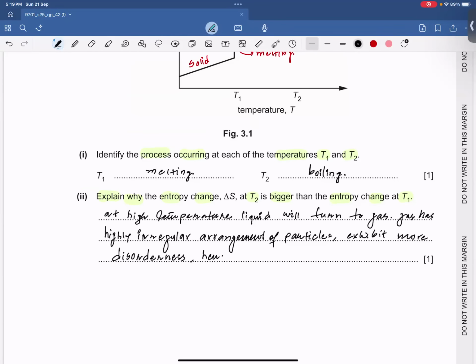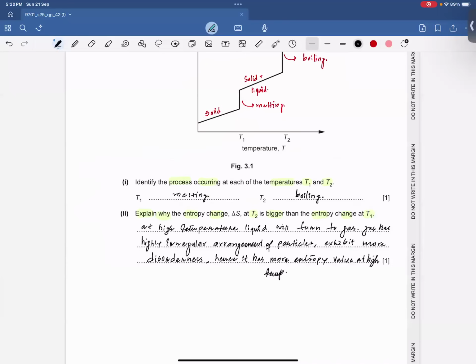Hence, it has higher entropy value at higher temperature. All right.